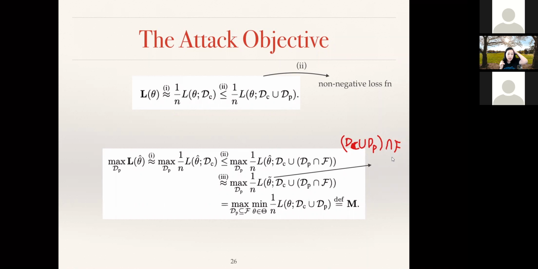So assumption 2 in this paper says that you are assuming this feasible set F does not remove a lot of DC. Now if that's the scenario, then this is very similar to this guy, right?